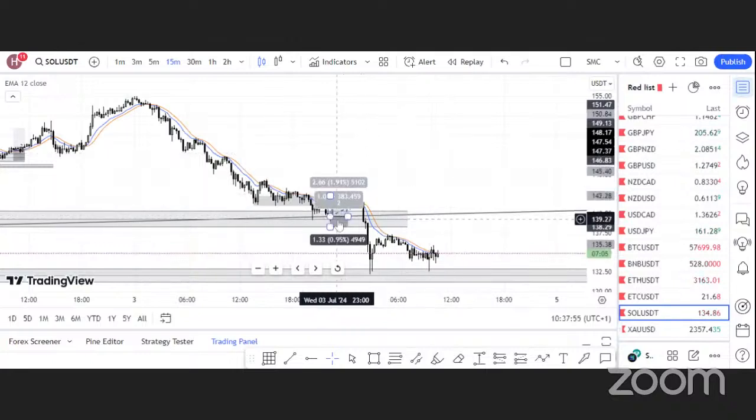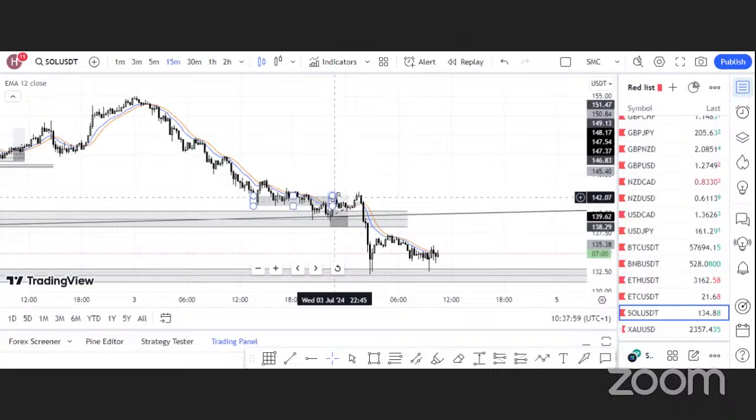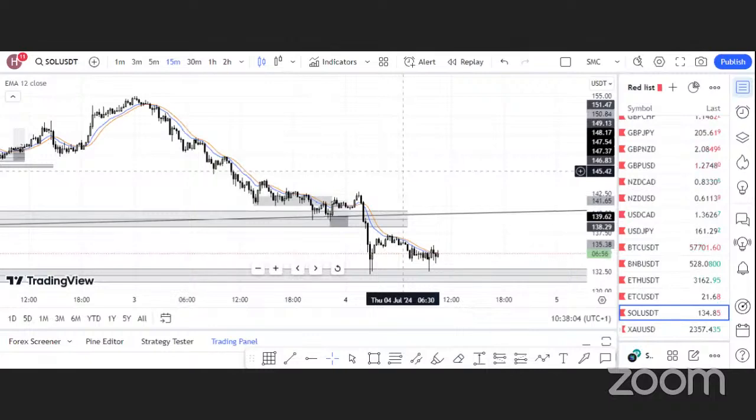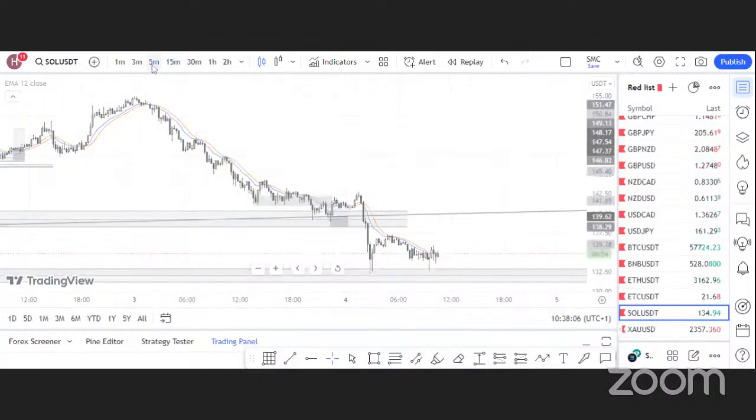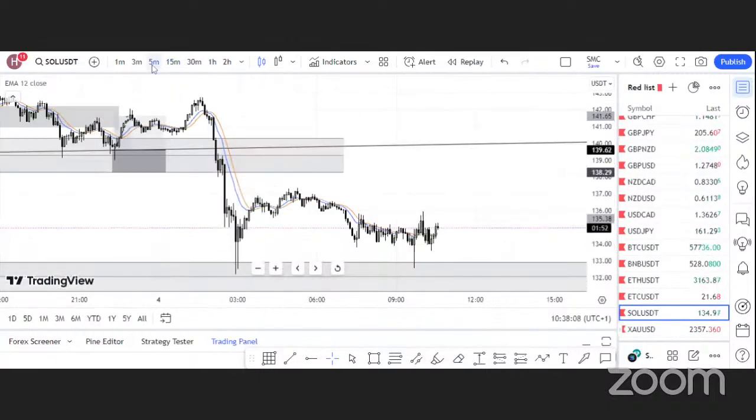So you see, my entry would have been from the 50%, and then my take profit would have been on this high. So yes, I would have made my usual 1.5 risk to reward ratio.